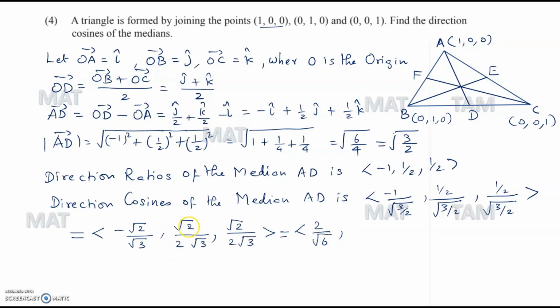Similarly, this root 2 and root 2 will get cancelled, so you'll be left with 1 by root 6. This is a minus here. And same here, this also will be 1 by root 6. So that's our direction cosine for the first median.